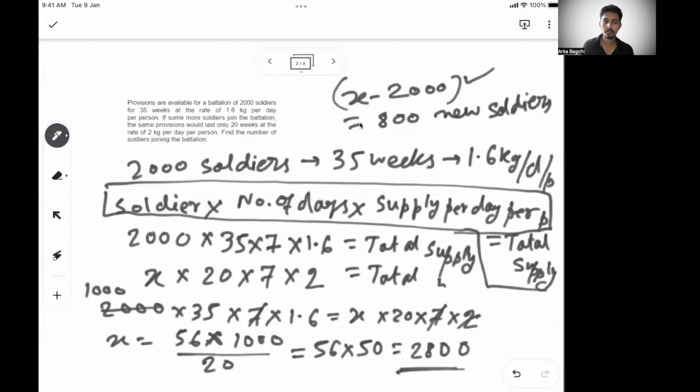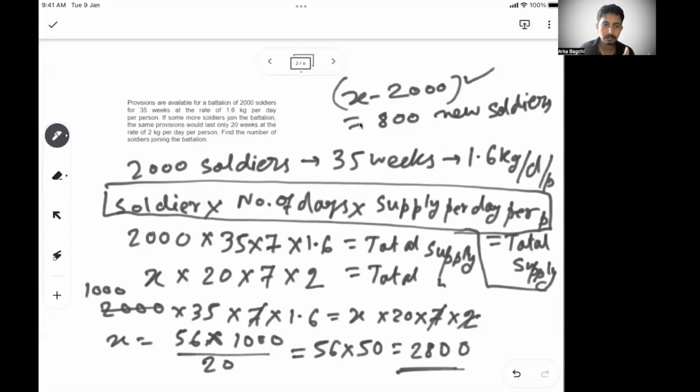So basically what we understood is the total supply is the number of soldiers times the number of days times how much supply is needed per soldier per day. The multiplication of these three quantities gives you the total supply. Once you get the total supply, in the first instance you know all the variables.